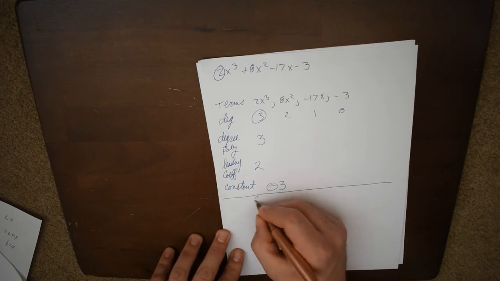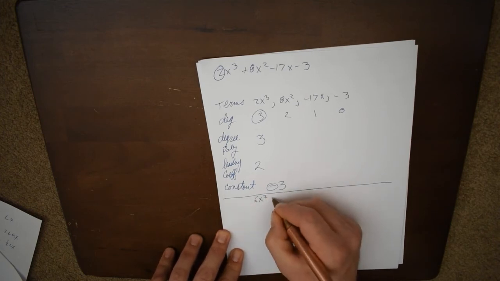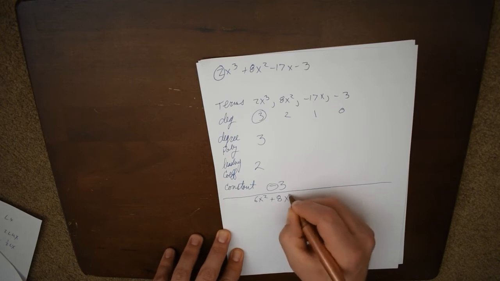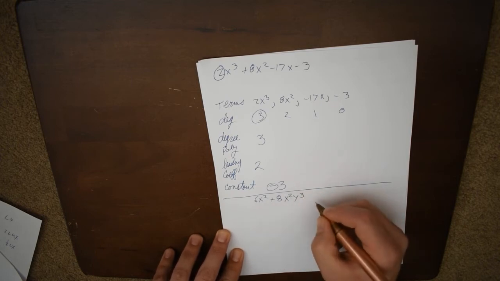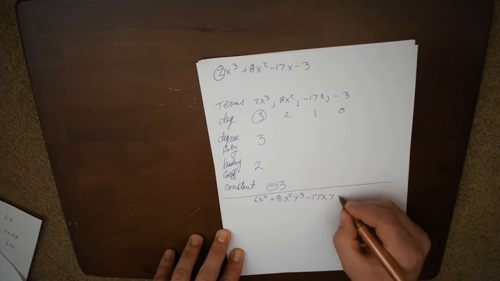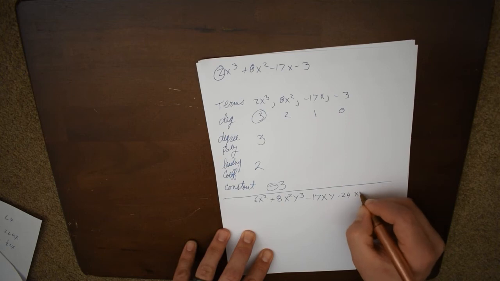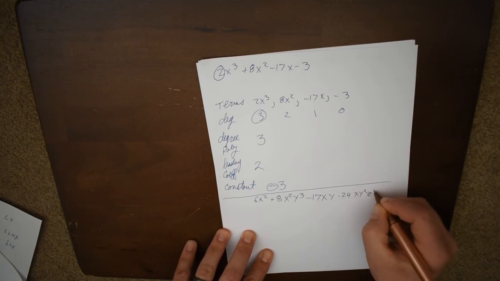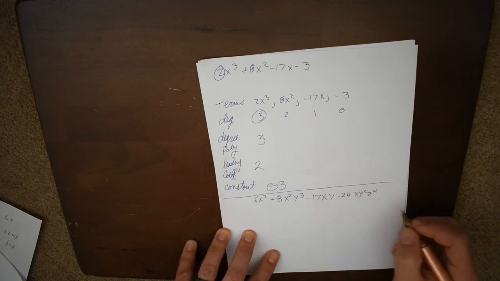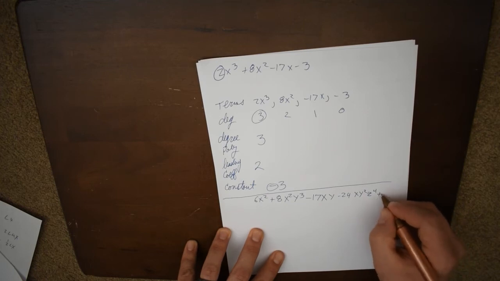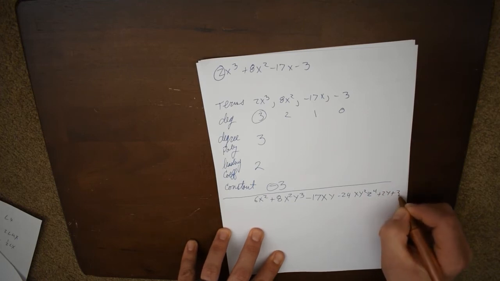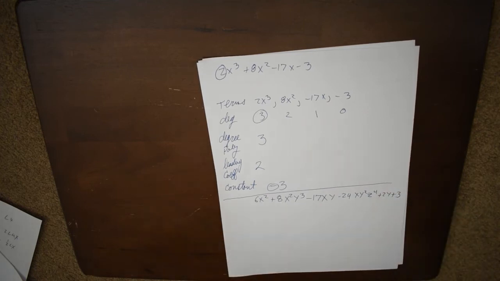If we had 6x squared plus 8x squared y cubed minus 17xy minus 24xy squared z to the 4th plus 2y plus 3, we'll go through and do the same thing.